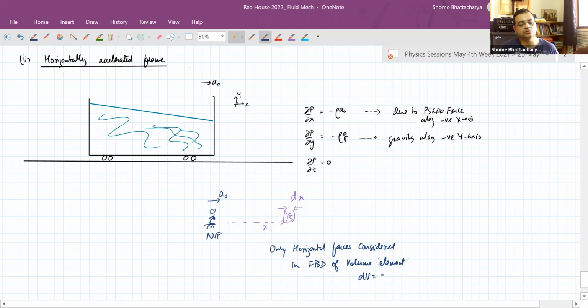So that volume element has a volume of A into dx, where A is the area of cross section. So we'll see that the pseudo force acting on it is in this direction. I'm not worried about the vertical forces. I'm not considering them in this diagram. I'm only considering the horizontal forces.